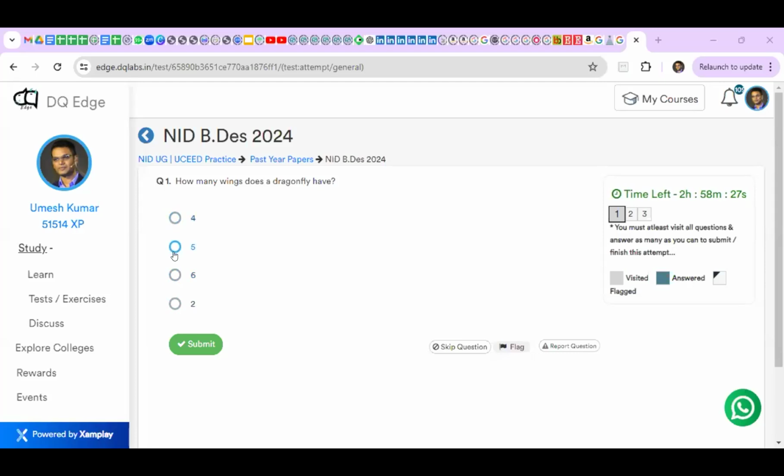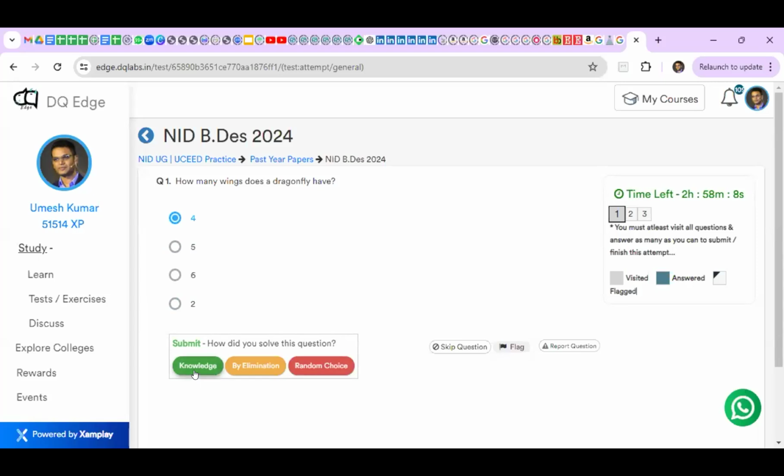What I'm trying to do is help you understand how the answering process of these objective type questions generally happens. Let us say I'm sure about 4 as an answer. So when I click on 4, I get these answer options. How did I solve this question? By knowledge, by elimination, or random choice.